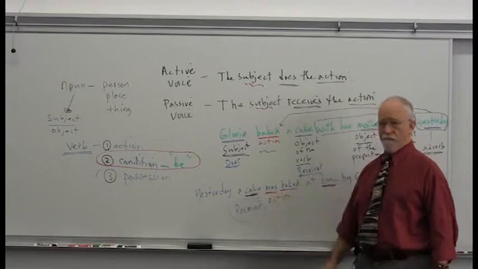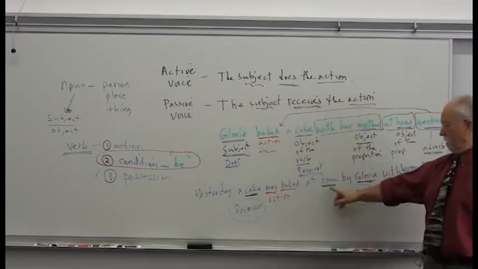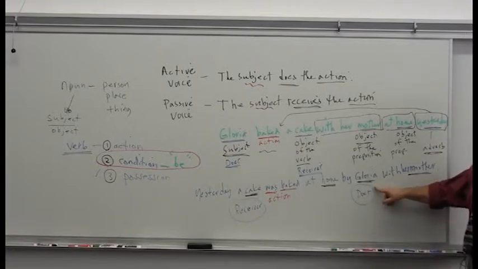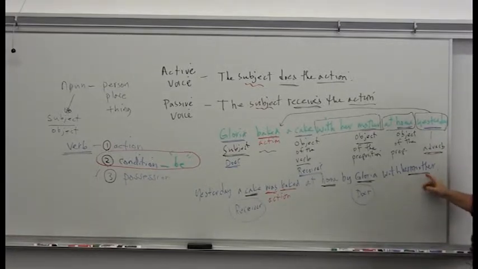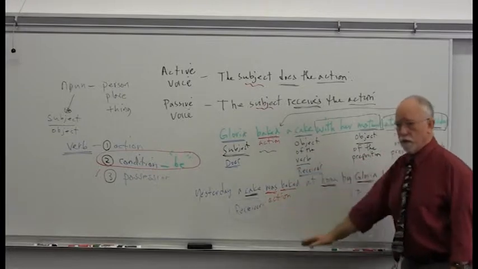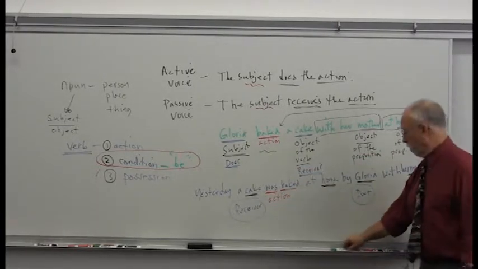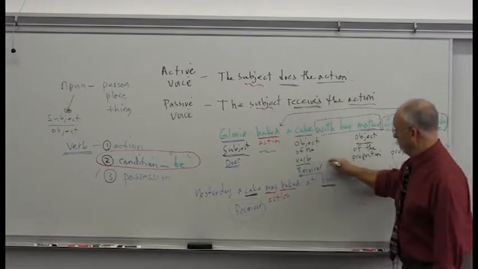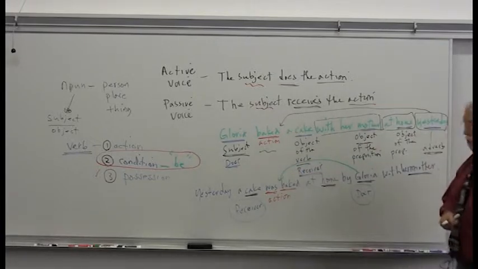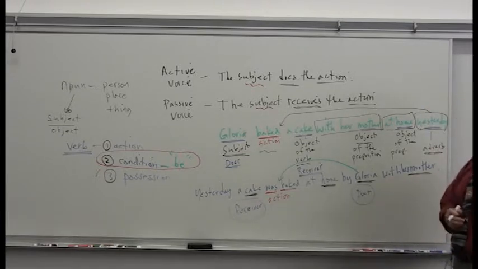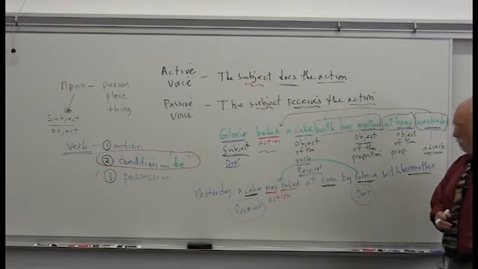Is it cake? Is it home? Is it Gloria? Is it mother? Our subject needs to be one of these nouns. And of course, since Gloria is the doer here, obviously, Gloria is still our subject, right? So Gloria is still our subject because she's the doer of this, even though we change things around. Wait a minute. What's this?